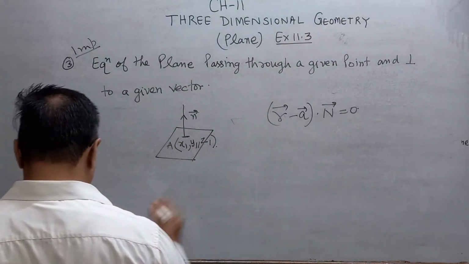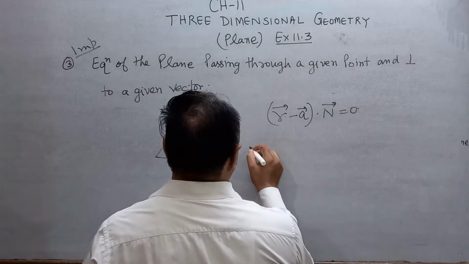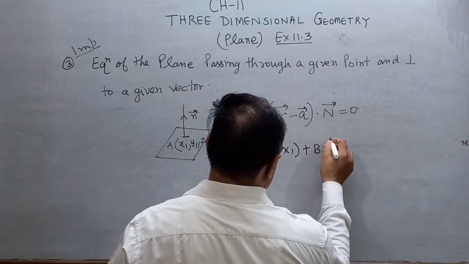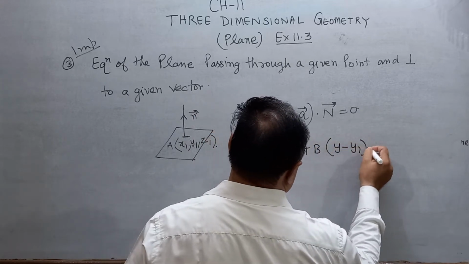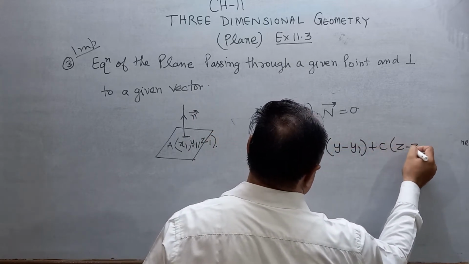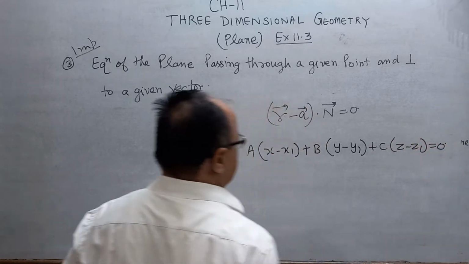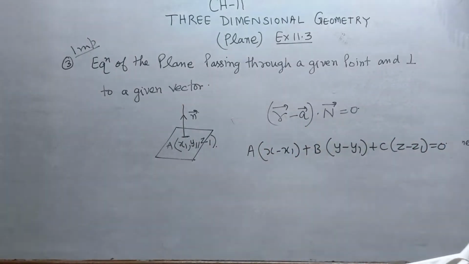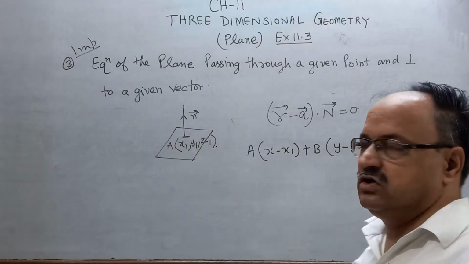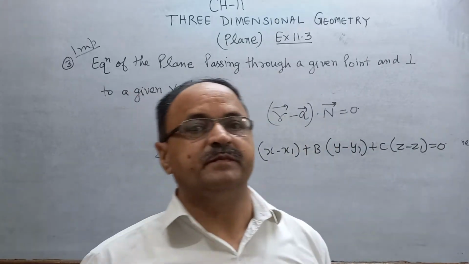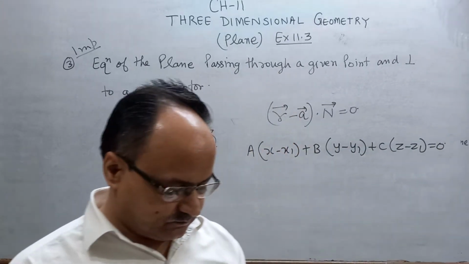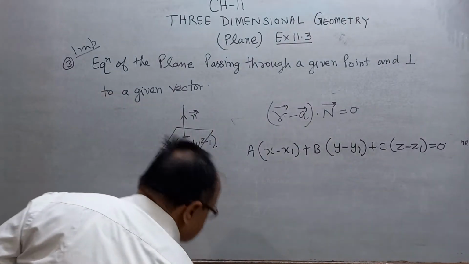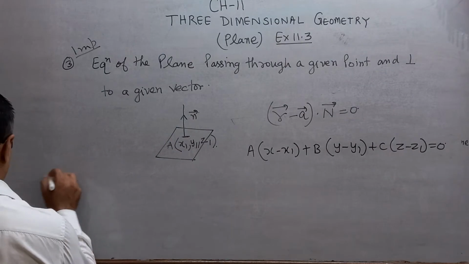This is the vector equation, and the Cartesian form you know very well: a(x minus x1) plus b(y minus y1) plus c(z minus z1) is equal to 0. In this equation, a, b, c are the direction ratios of the normal, and x1, y1, z1 is the point that lies on the plane. This is formula number 3.